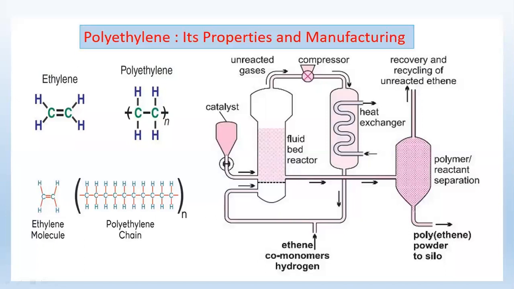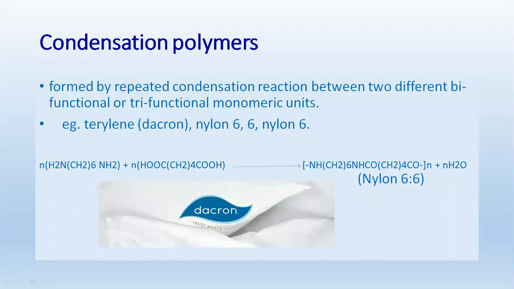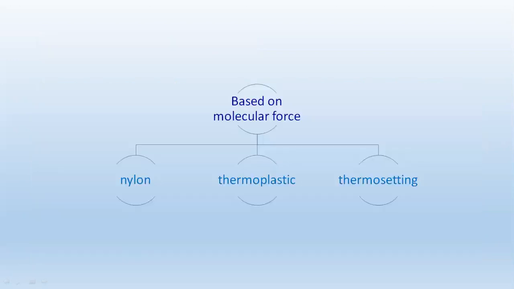Here you can see polyethylene, its properties and manufacturing. Condensation polymers are formed by repeated condensation reactions between two different bifunctional or trifunctional monomer units. Based on molecular force: nylon, thermoplastic, thermosetting.